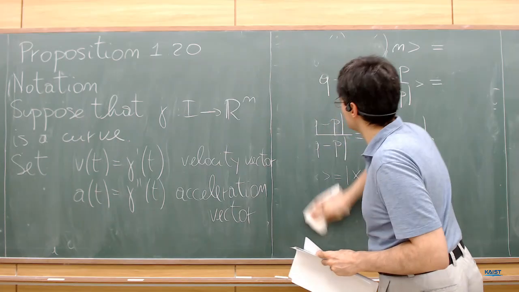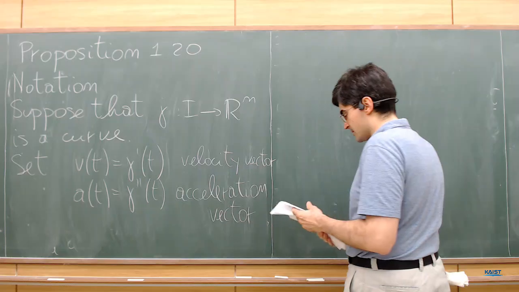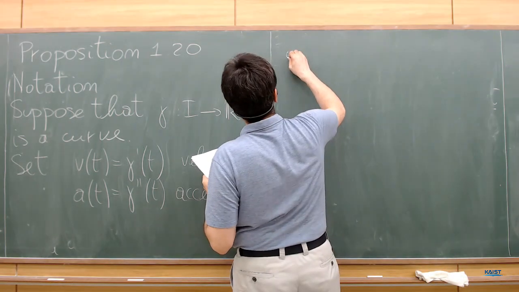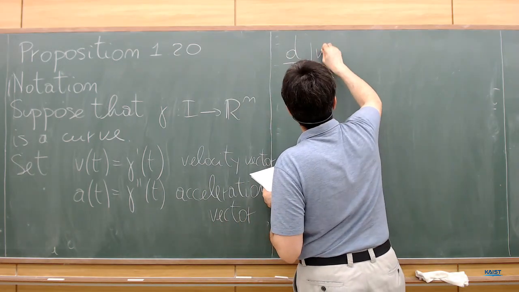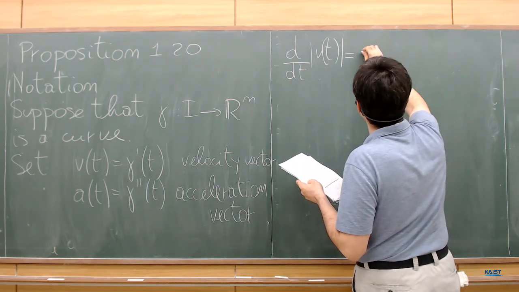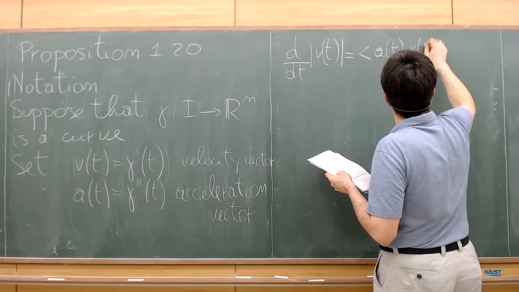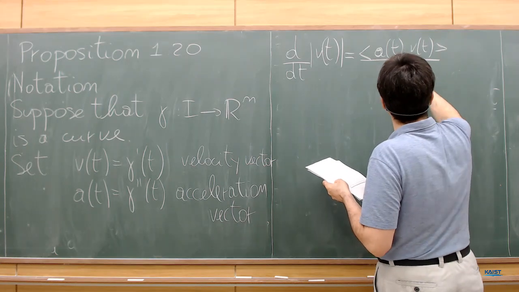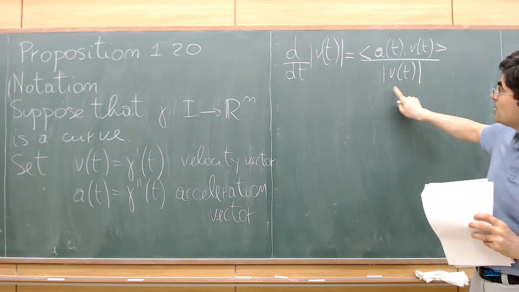Proposition 1.20 says that the derivative with respect to the time t of the length of the velocity vector V of t is equal to the inner product of A of t with V of t divided by the length of V of t. I'm sure that you recognized what this is.